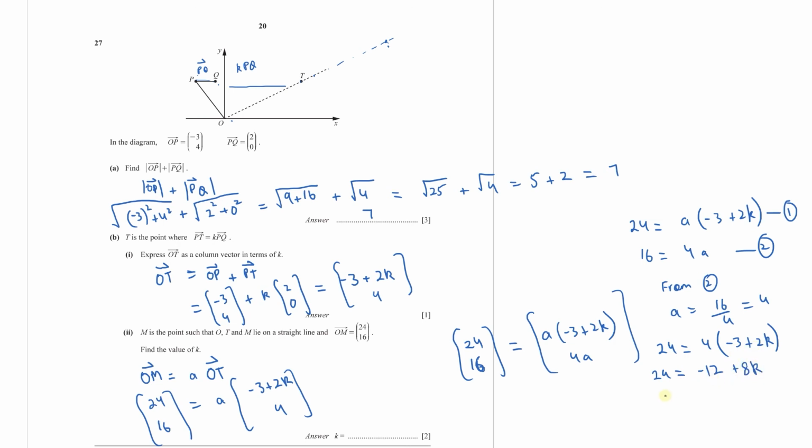If I take this to the other side, I get 8K equals 24 plus 12, which is 36, and K equals 36 over 8. I can simplify by dividing by 4: 4 twos are 8 and 4 nines are 36. So you get 9 over 2. Your value of K is 9/2.